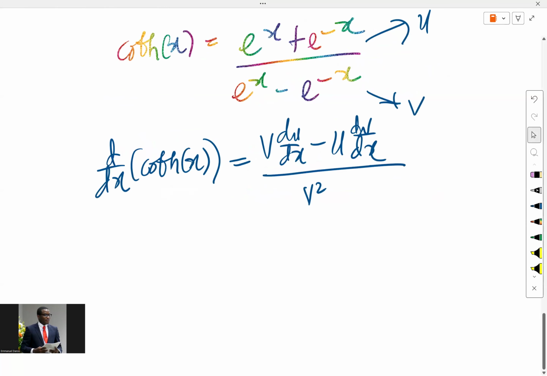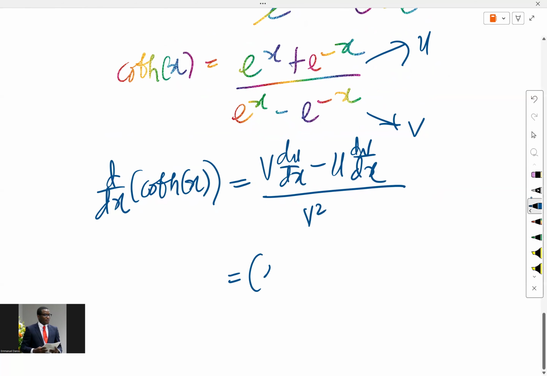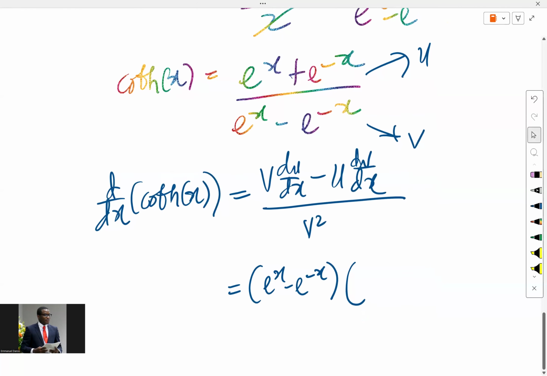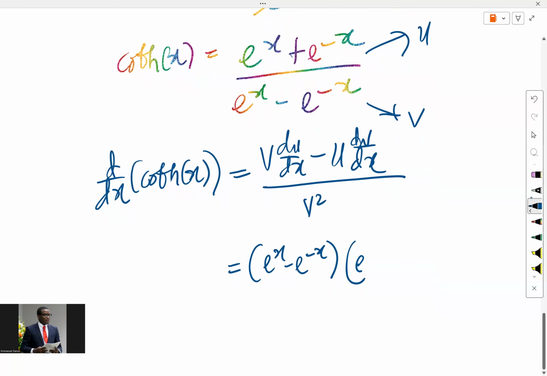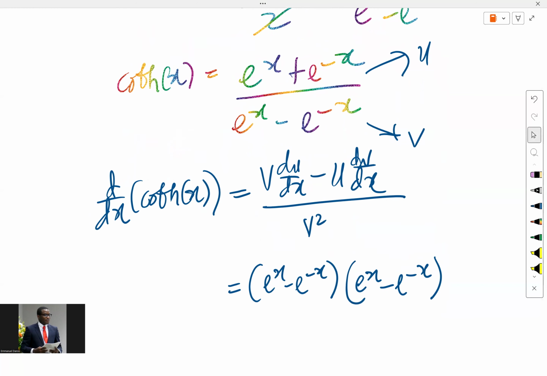So that means the derivative of coth x is v, this is e raised power x minus e raised power minus x, times du dx. That means differentiate the one at the top. If you differentiate u, you get e raised power x minus e raised power minus x. As you can see, differentiate e raised power x, that's e raised power x. Differentiate e raised power minus x, that means differentiate minus x, the minus comes down, and then you have what was there before.